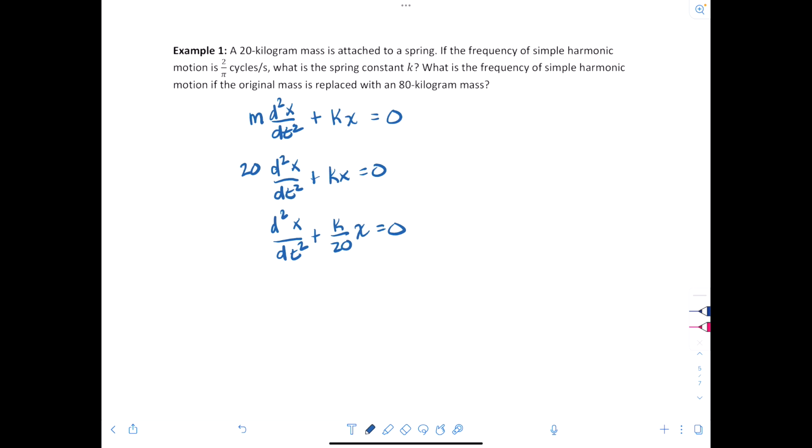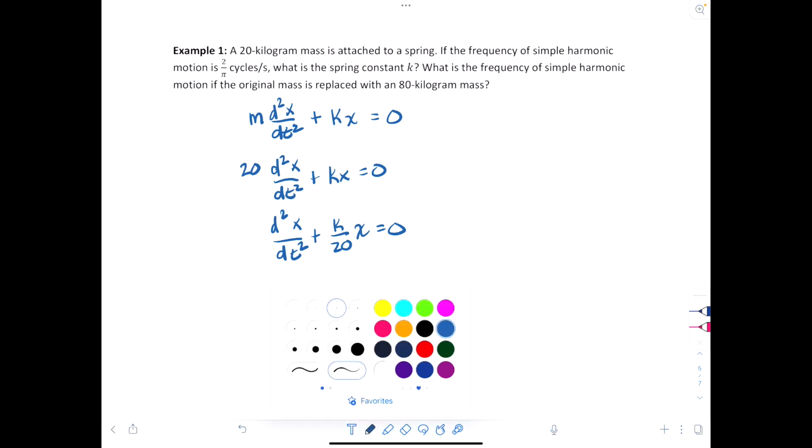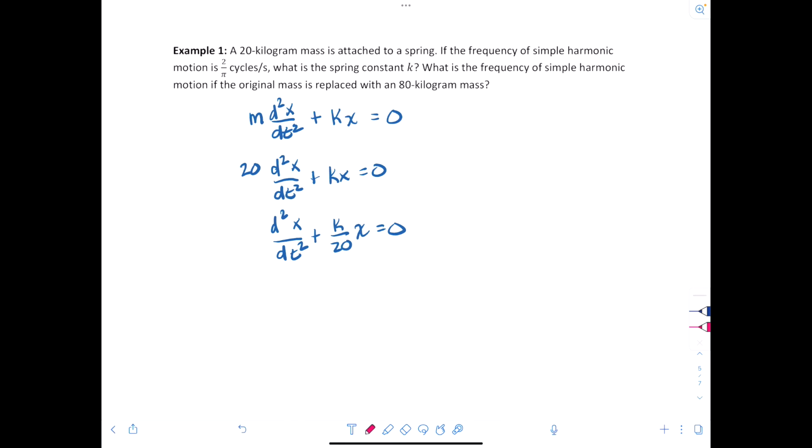Now, let's take a look at some stuff, right? So we know that omega squared is k over 20, so omega is going to be the square root of k over 20.